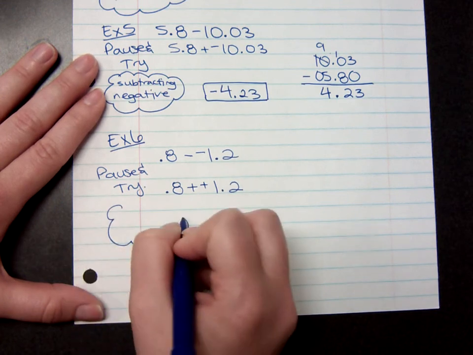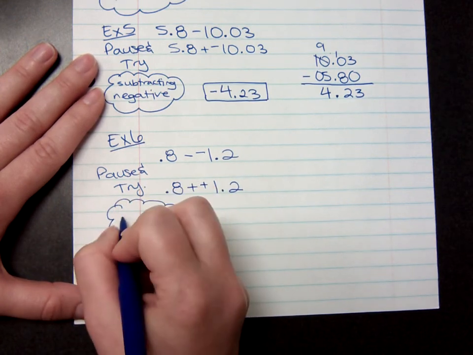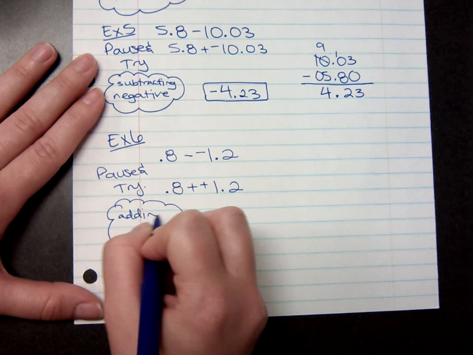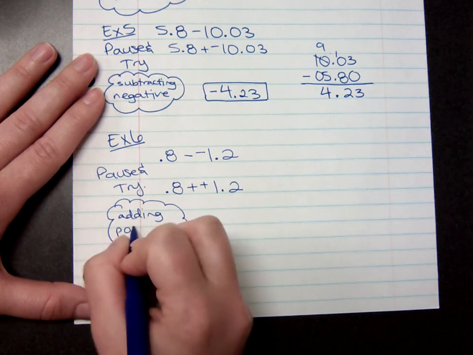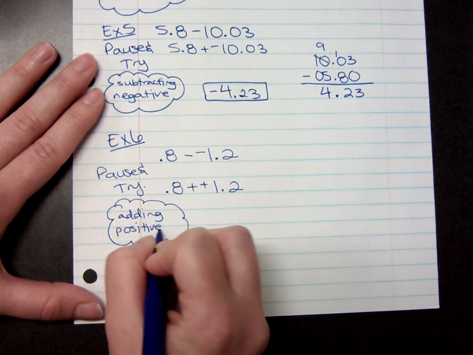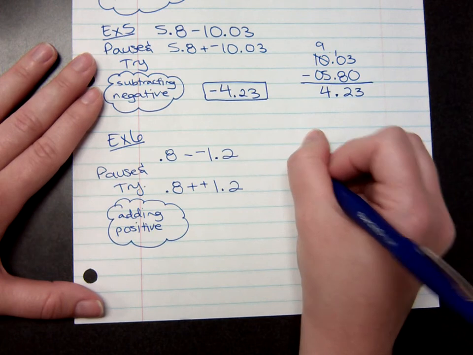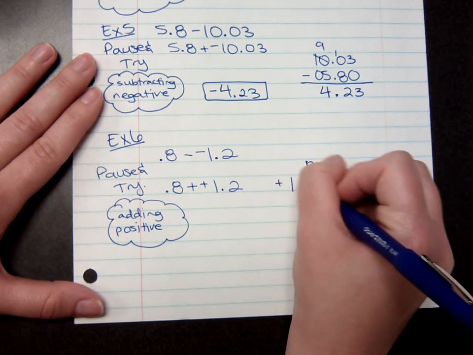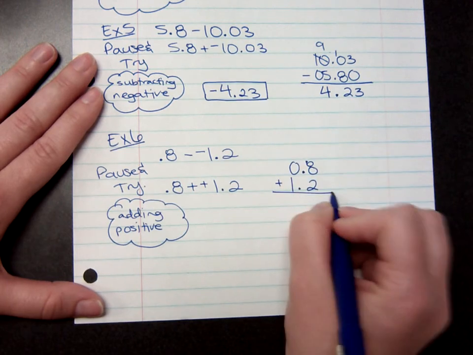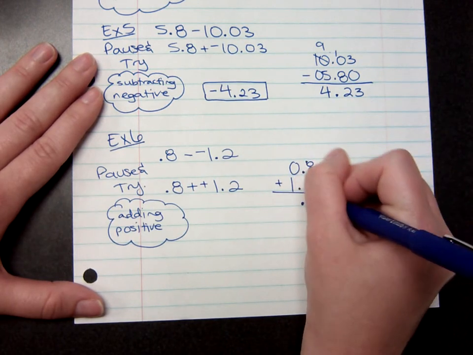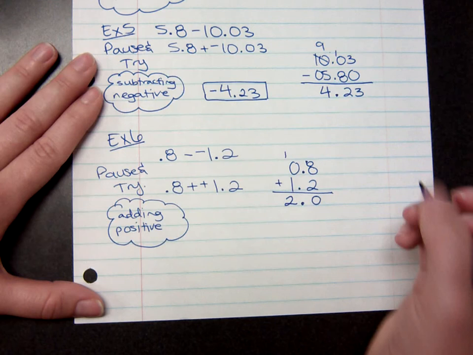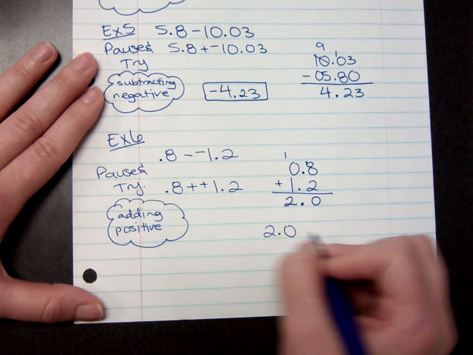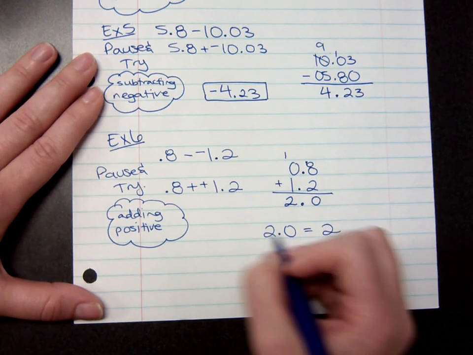So I have a positive plus a positive, so I'll be adding, and my answer will be positive. So 0.8 plus 1.2 will be 10. You get 2.0, which is really just 2. Either way is fine.